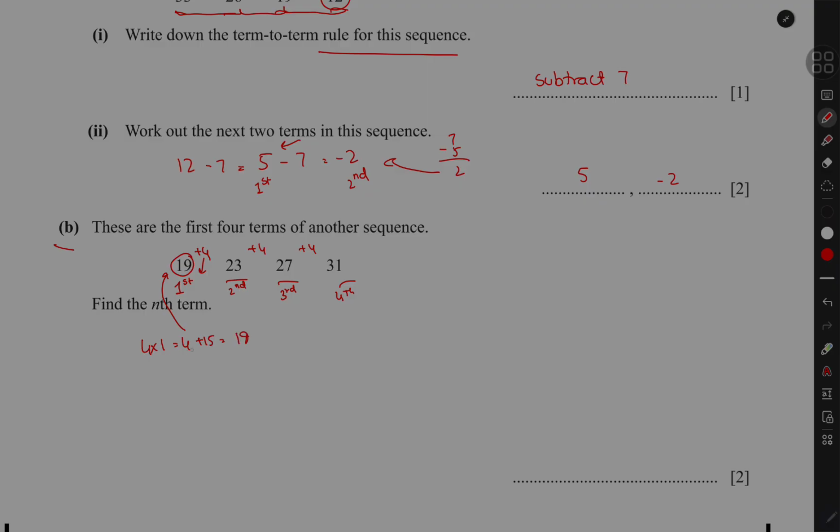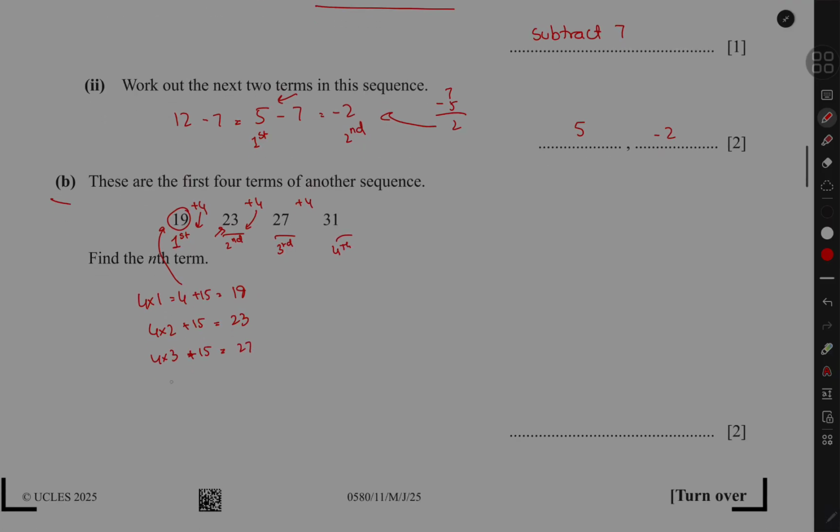Now if I do 4 times 2, that would give me 8, but I need 23, and add 15, that is 23. Then I can go on. 4 times 3 plus 15 is equal to 27, and 4 times 4, that is 16, plus 15, that is 31.